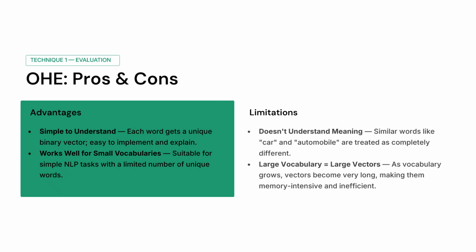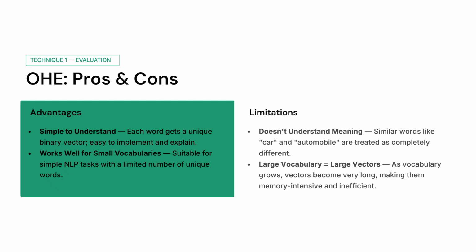The advantages are it's pretty simple to understand and implement. And also it works pretty well with vocabularies which have a small size and a limited number of unique words. Though the limitations are that there is no capturing of meaning. For example, you have words like car and automobile.